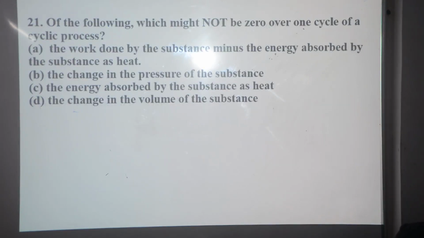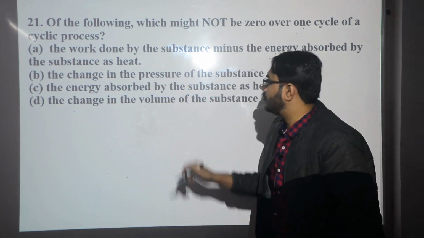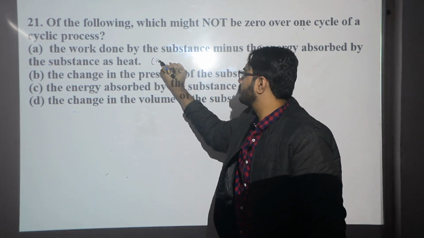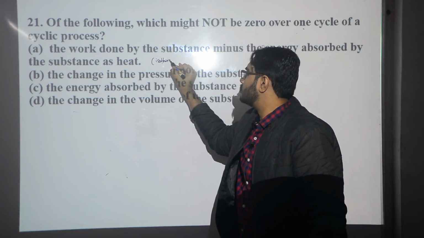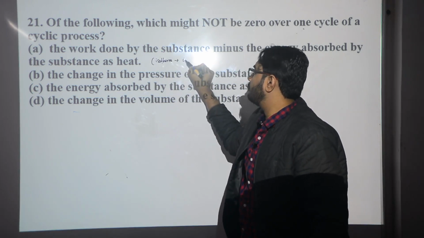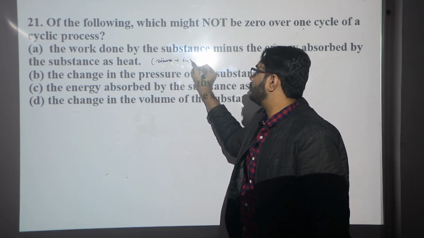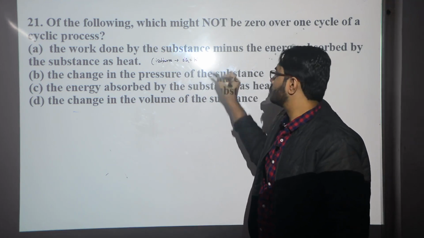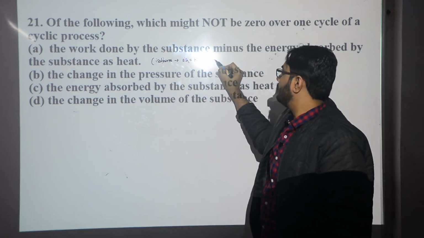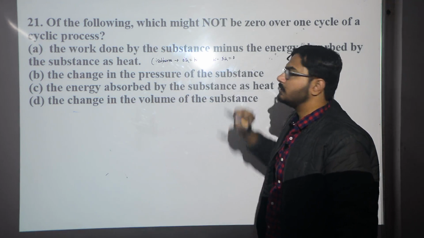কিন্তু আমরা একটুখানি জিনিসটাকে একটু কালচার করে নিই। ফার্স্টলি the work done by the substance minus the energy absorbed by the substance as heat. So we can say that for isothermal we have dq equal to w. So therefore w minus dq, that is 0.